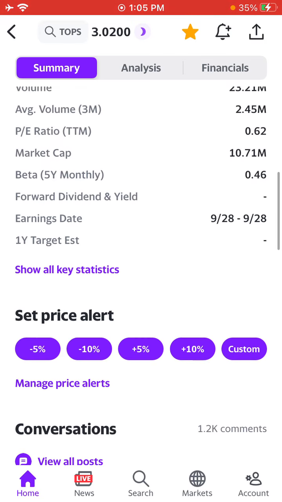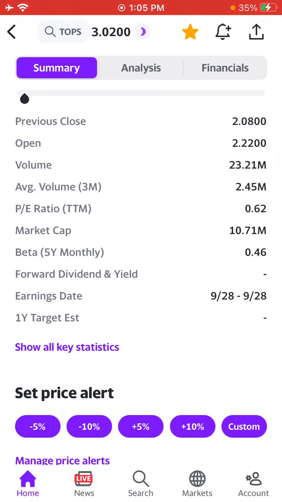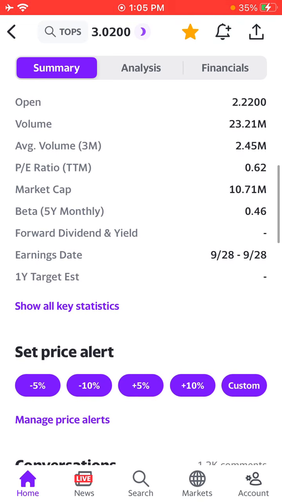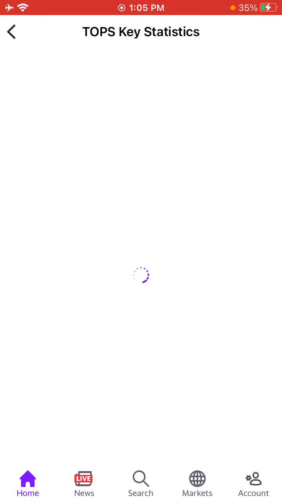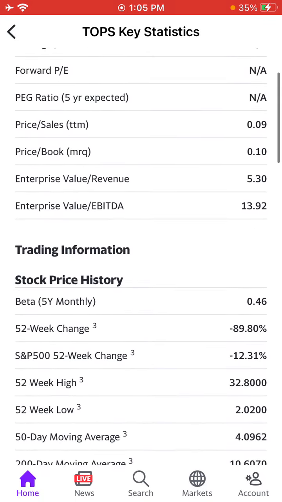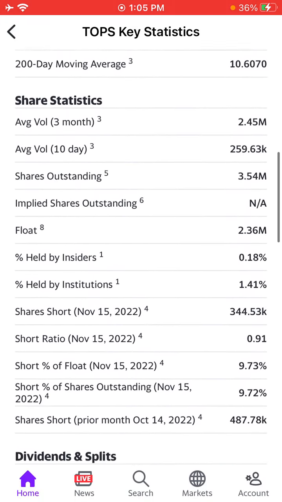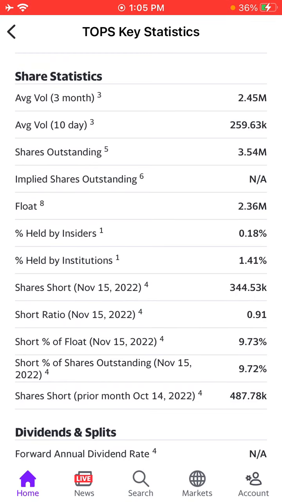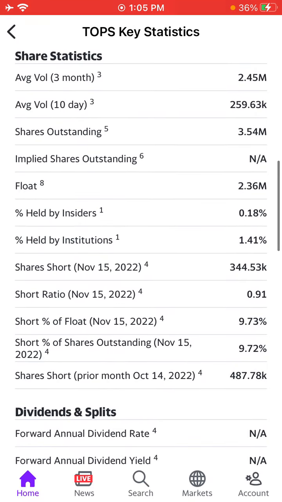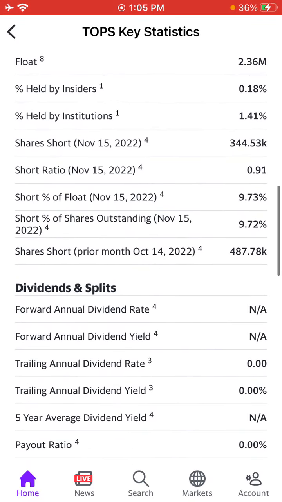So if you want a more accurate float, we can go under here where it says show all key statistics, and if you tap that and you scroll down, you can go to share statistics, and then according to Yahoo Finance, the float is 2.36 million.